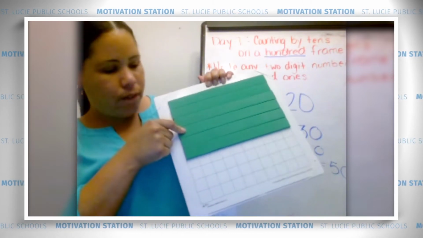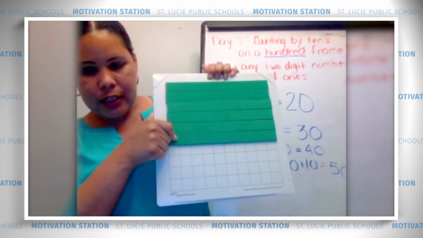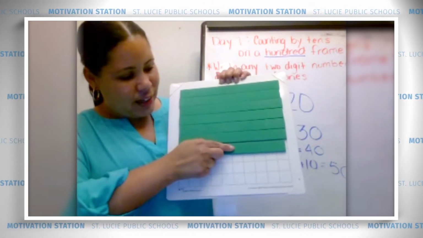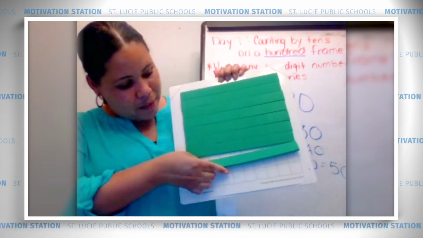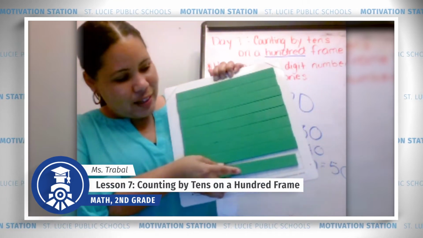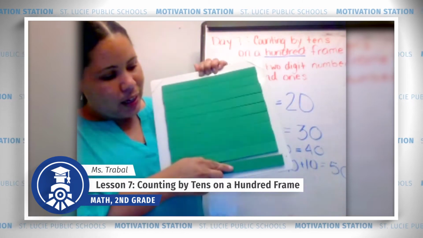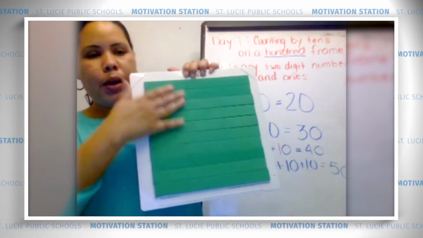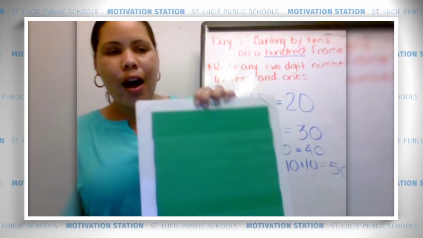Plus 10, 40. Plus 10, 50. Plus 10, 60. Plus 10, 70. Plus 10, 80. Plus 10, 90. Plus 10, 100. We have 100 squares in our 100 frame.